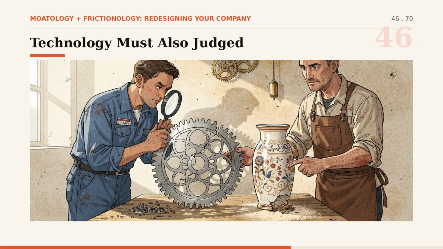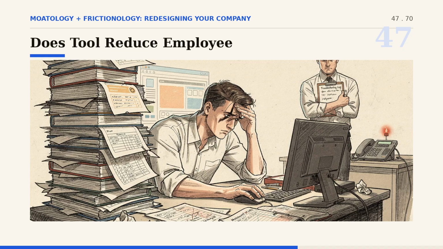Technology must also be judged through both lenses. Do not ask only whether a tool saves time. Ask whether it strengthens or weakens the moat. Does automation improve speed while preserving judgment? Does it increase consistency without removing the human interaction customers value? Does the tool reduce employee friction?